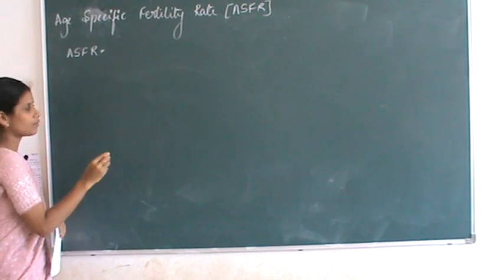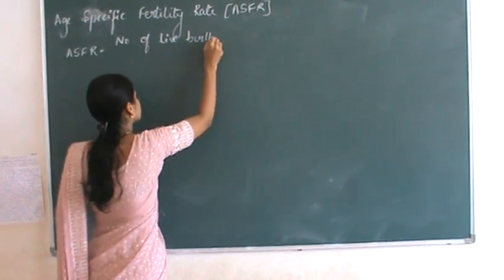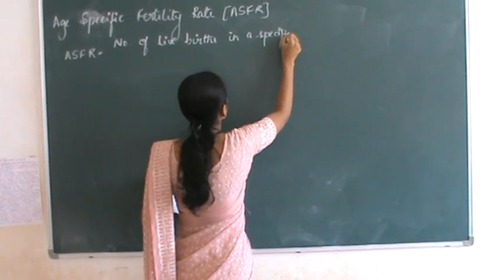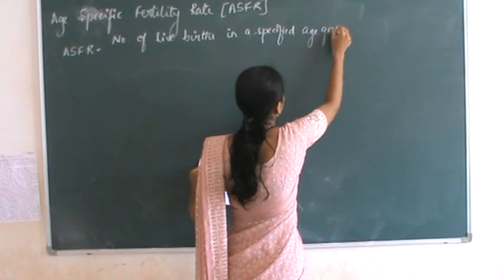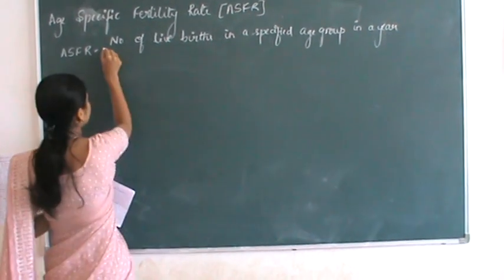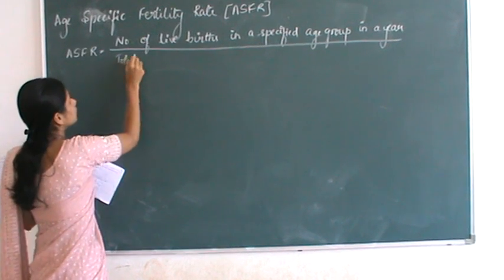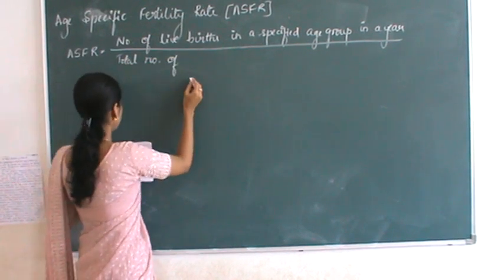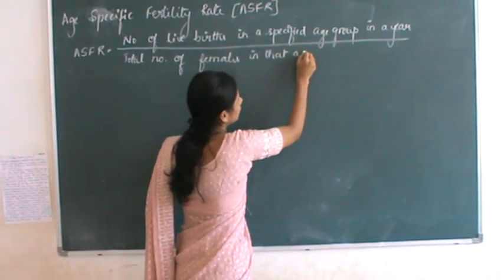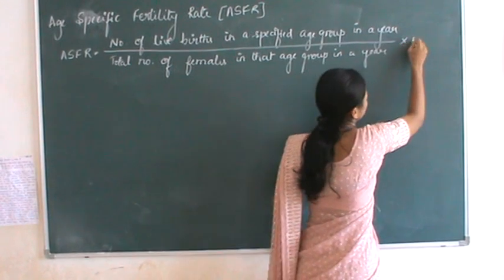Age specific fertility rate is equal to number of live births in a specified age group in a year divided by total number of females in that age group in a year into 1000.